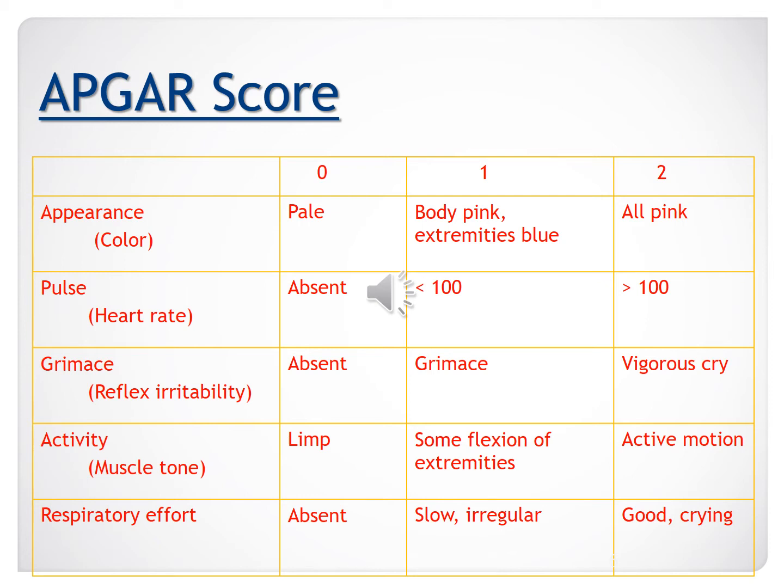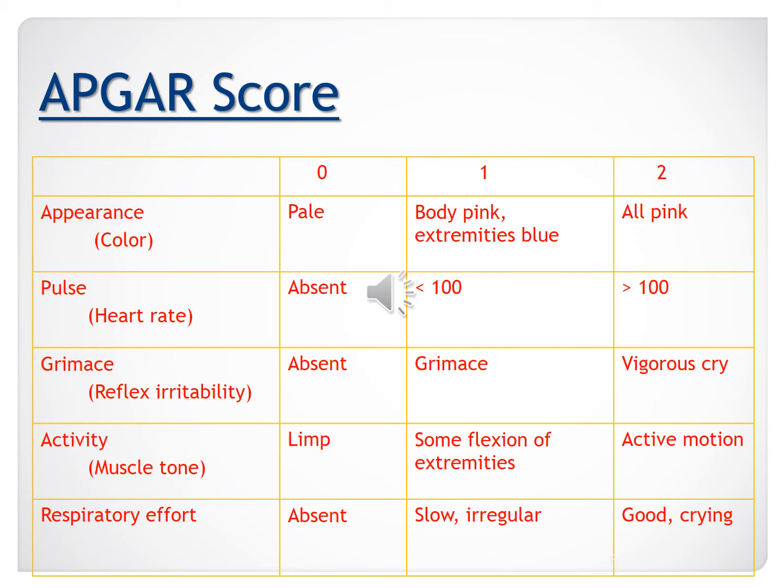APGAR scores are done at 1 minute of life and then again at 5 minutes. And then if those numbers are still not at least a 7, then after interventions, we would redo another APGAR at 10. So normally a baby who is transitioning well from intrauterine to external life, you get a 1 minute APGAR and a 5 minute APGAR.